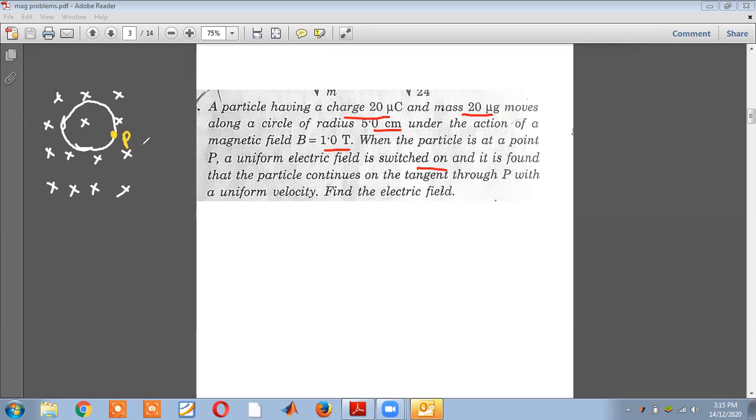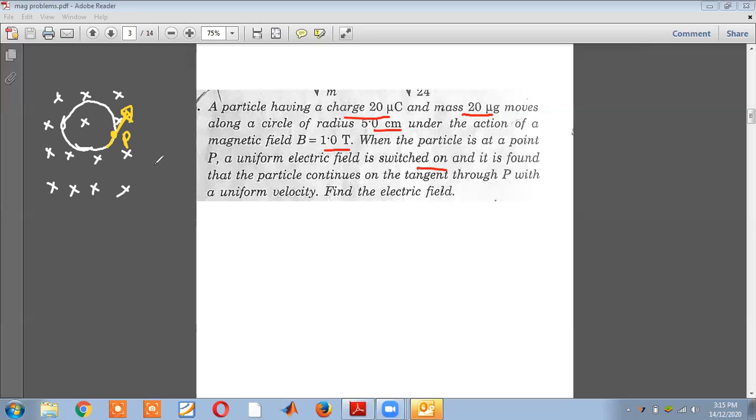This is a point P. Now let me switch on the electric field. By switching on the electric field, we found that the particle continues to move on the tangent. If we draw a tangent like this, it continues to move like this. Moreover, it moves with a constant or uniform velocity. Then what could be the electric field? This is the question.